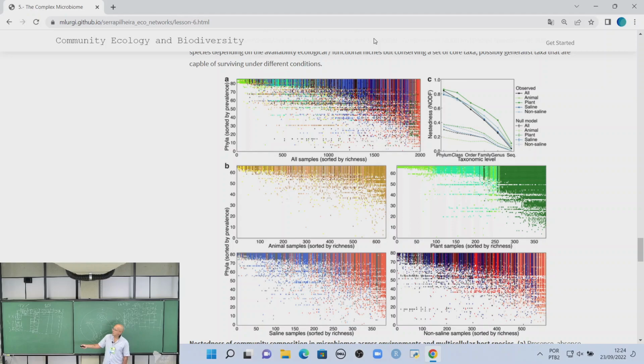You can see that communities where all of these bacteria are present contain all of the bacteria that are present in the community next to it, or nearly all of them.